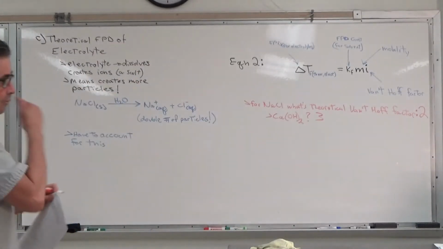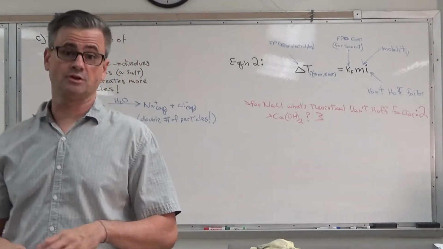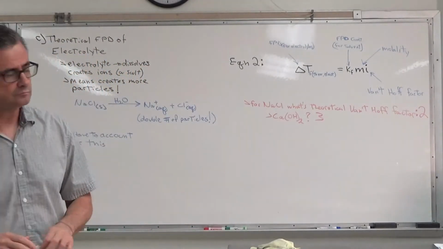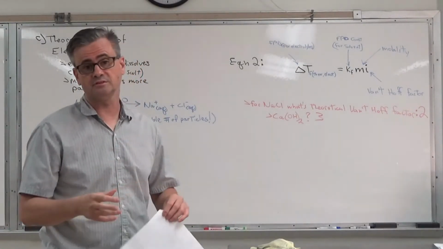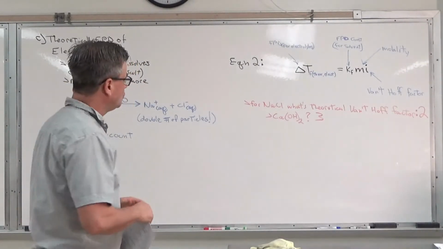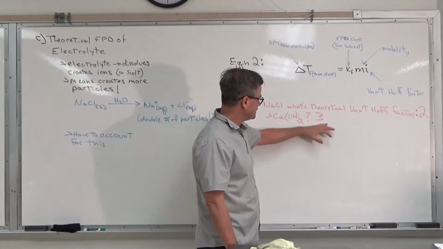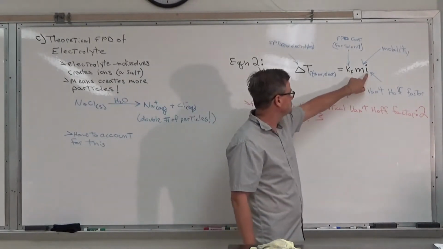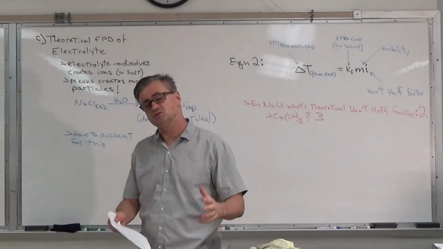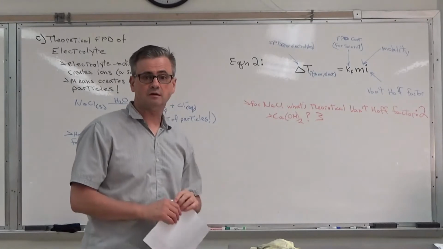You may wonder, why do I keep saying theoretical van 't Hoff factor? As we're going to see, and it's one of the fundamental points of the experiment we're doing today, we will find that often the effect of the electrolyte in an experimental situation is not quite as big as the theoretical van 't Hoff factor.